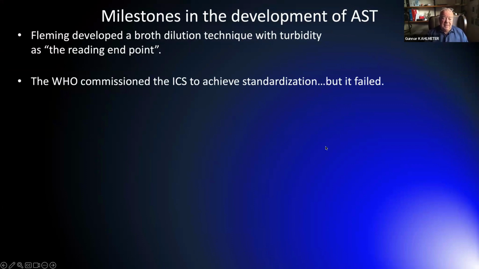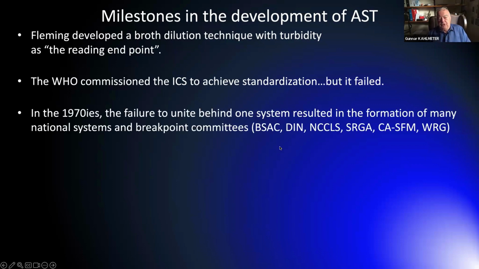The WHO commissioned the International Collaborative Study, and they presented their summary and results in the early 1960s, but it was never properly accepted by everyone. And what then happened during the 1970s was that all these national committees were formed, including the NCCLS, which later became CLSI, and also the national committees in the European countries.